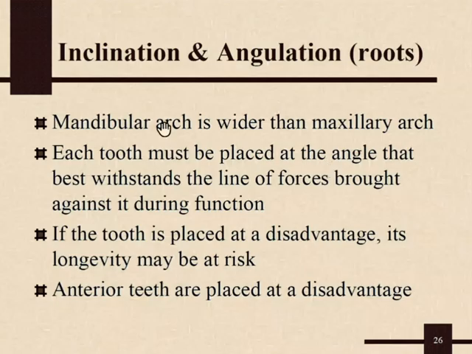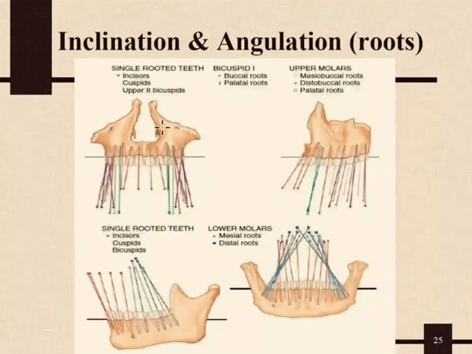If we have a tooth that is not placed in the normal root angulation, it will be more at risk for mobility, and it cannot withstand the forces as it should. This is its relationship of the vertical axis with the alveolar bone in the mandible and the alveolar bone in the maxilla.